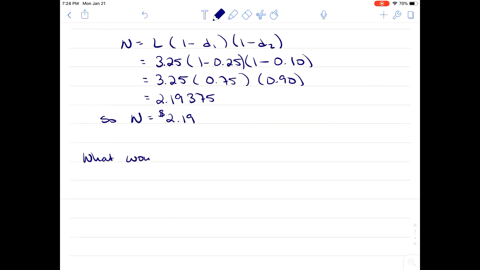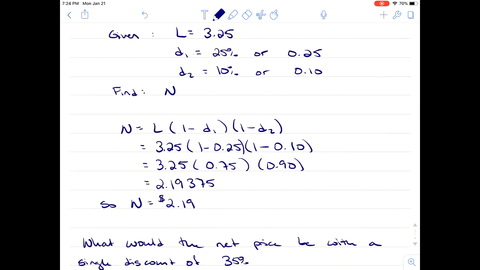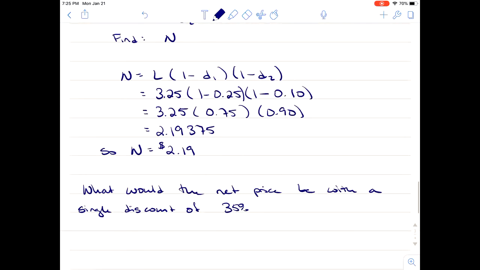It might be tempting to say, oh, 25% and 10%, I'll just smush them together, 35%, that's got to be the same, right? But let's just see what it is. I promise they're not the same. So it's kind of a warning.